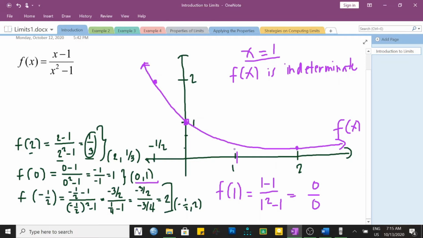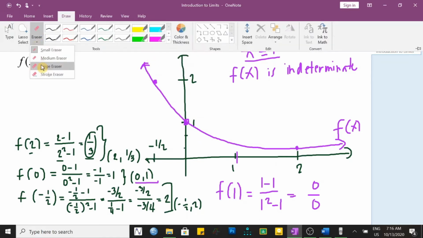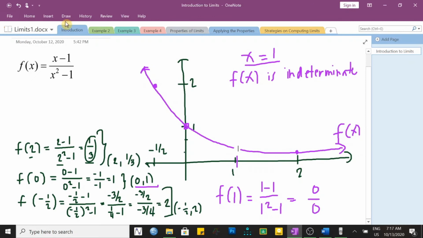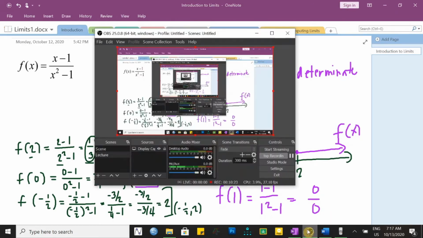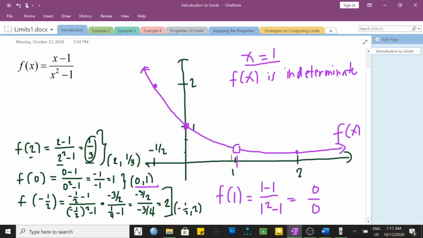Putting a hole here would indicate that the function does not have a value at that particular point, only at x equal to 1. Let us go ahead and do that. Draw a hole. There we have it, our hole.